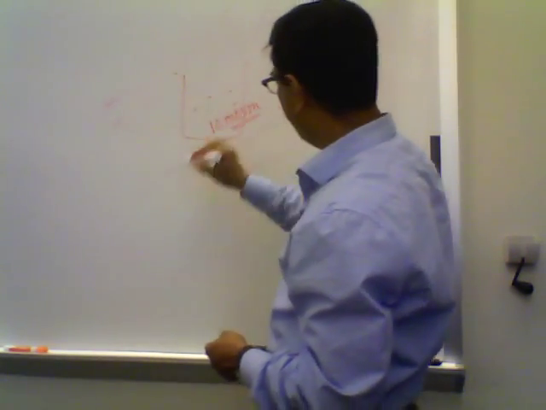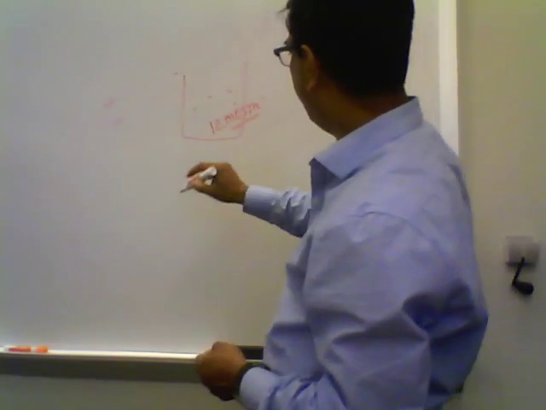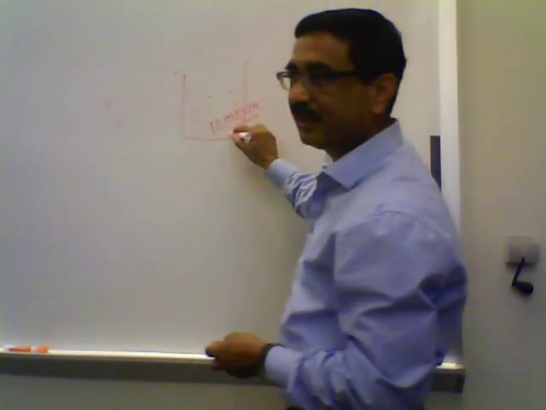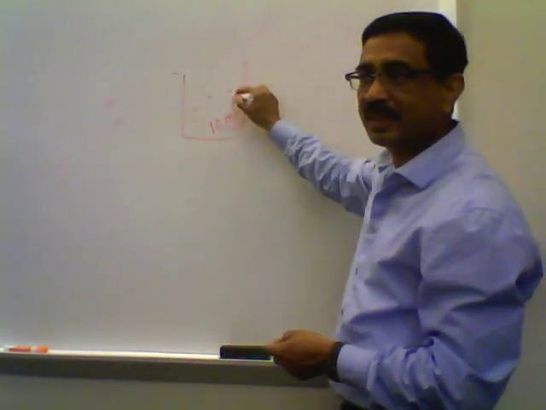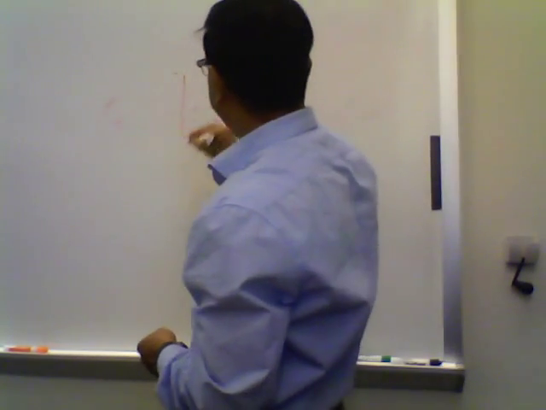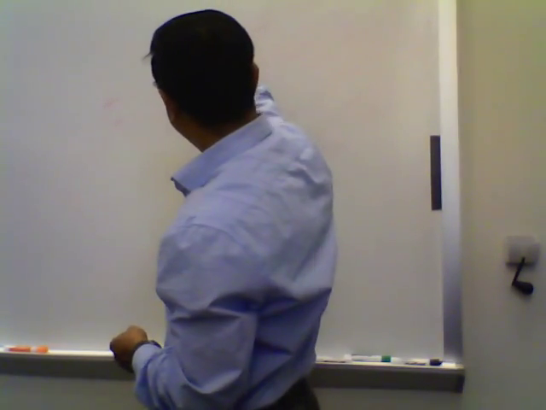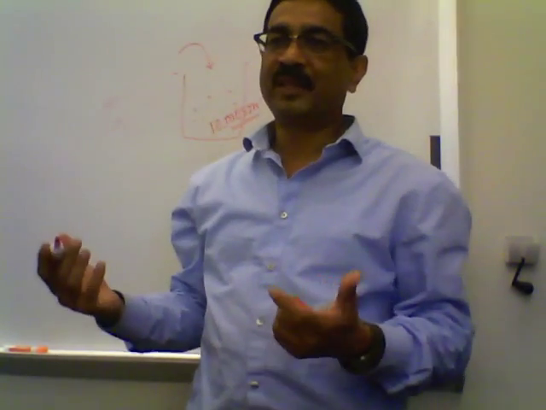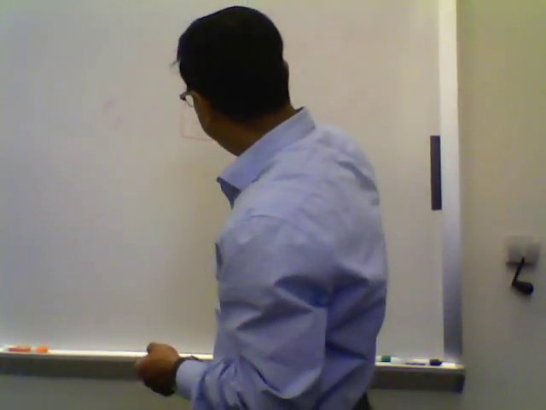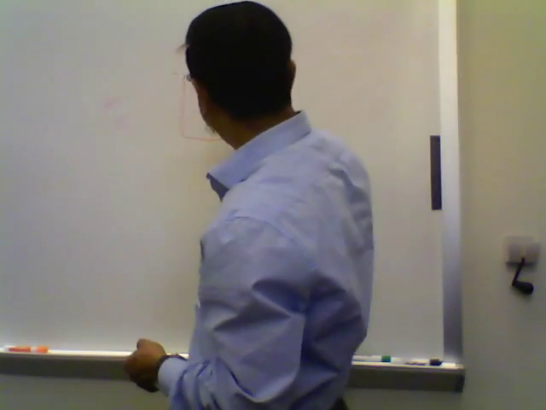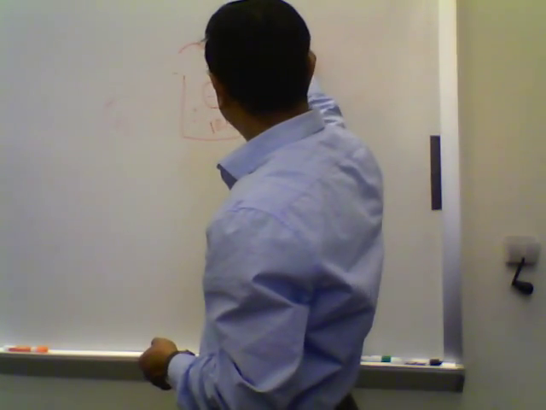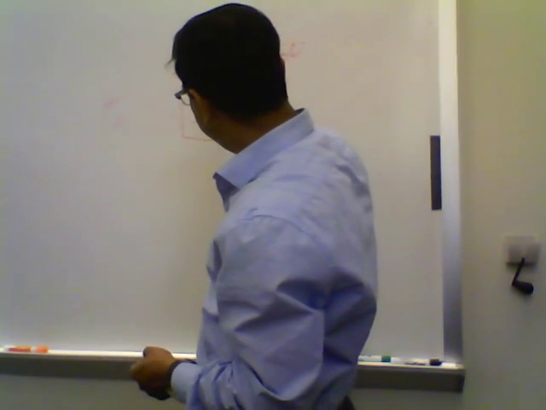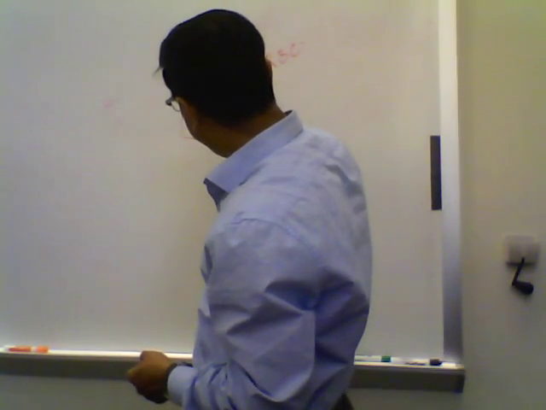This is the unit of osmolarity. So 10 milliosmol is the concentration of this solution. Now, if I drop a living cell, for example, a red blood cell, in this solution, this is the red blood cell, and inside the red blood cell, the concentration is 5 milliosmol, for example.